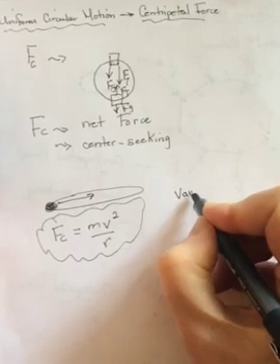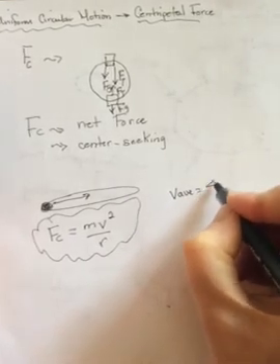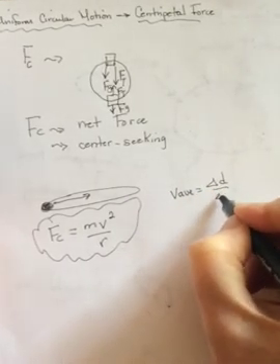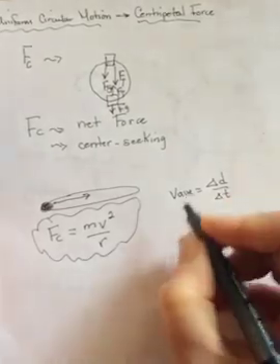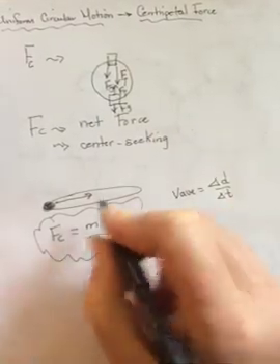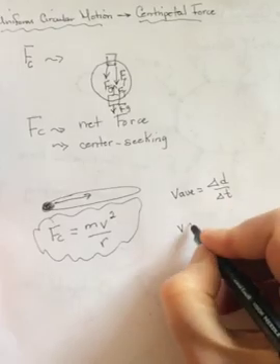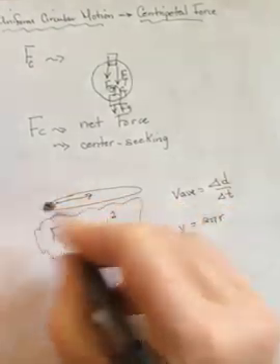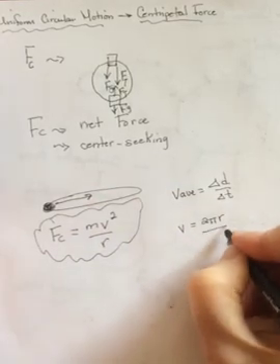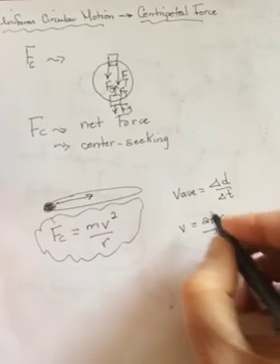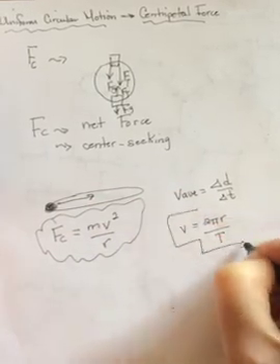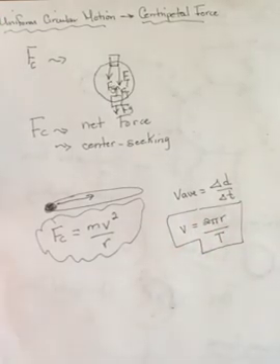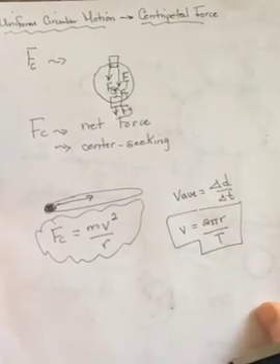So the v is like a v-average. And remember, speed is delta d over delta t from grade 10. So as we move in a circle, once around the circle is 2 pi r. And the time it takes to go around the circle is the period, or capital T. So this is another equation that we use for centripetal force.